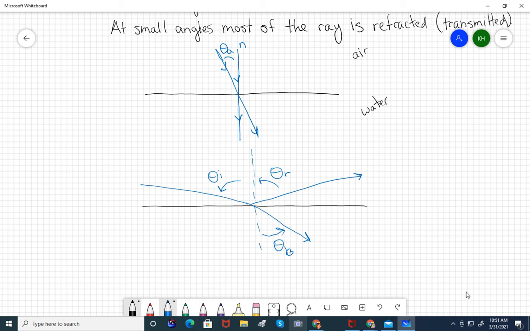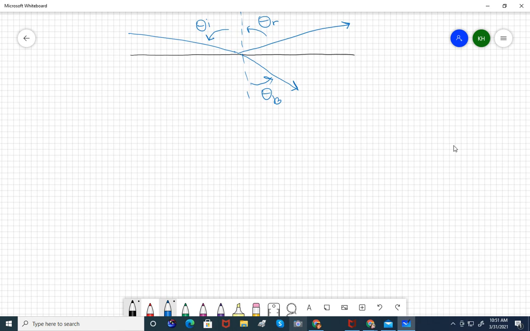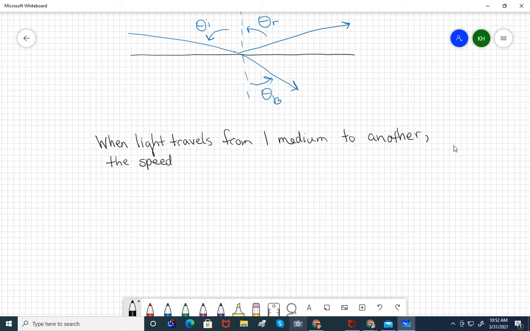All right, we've already stated the fact that when light travels from one medium to another, the speed changes. It's either going to speed up or slow down depending on what it's traveling through. Why? Remember when we studied waves earlier?